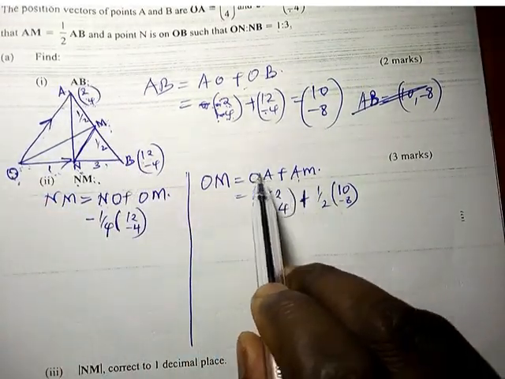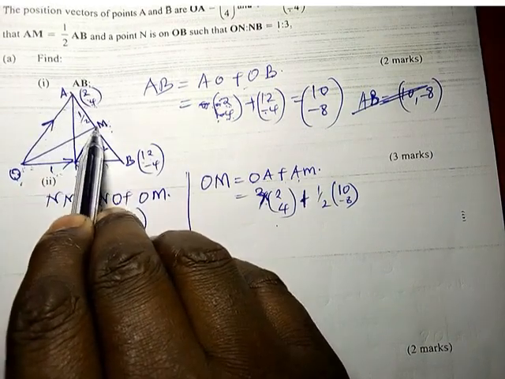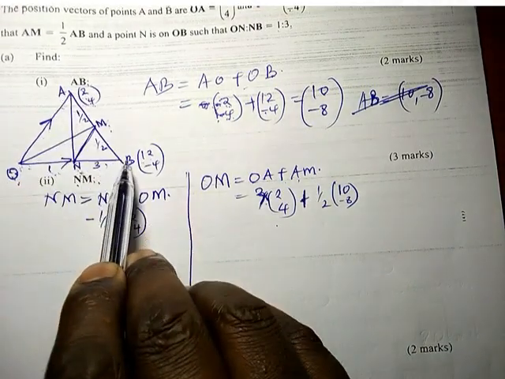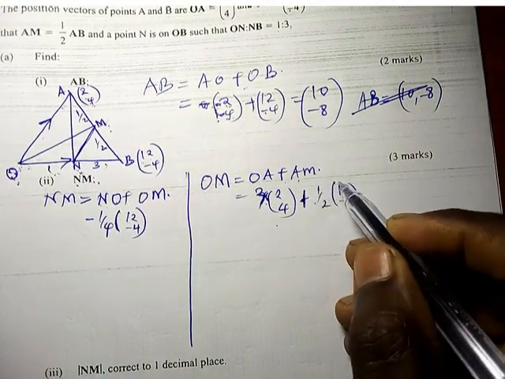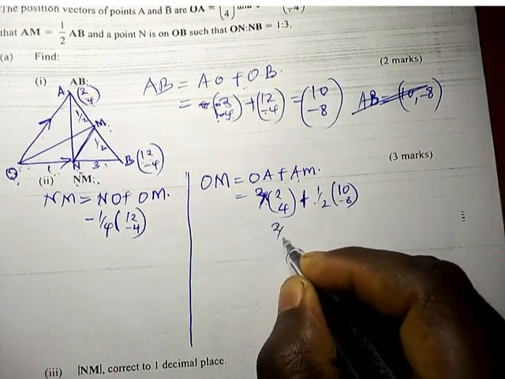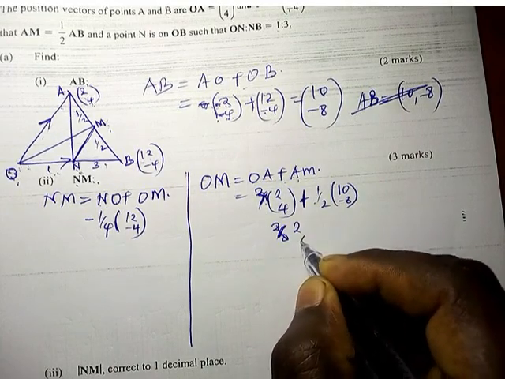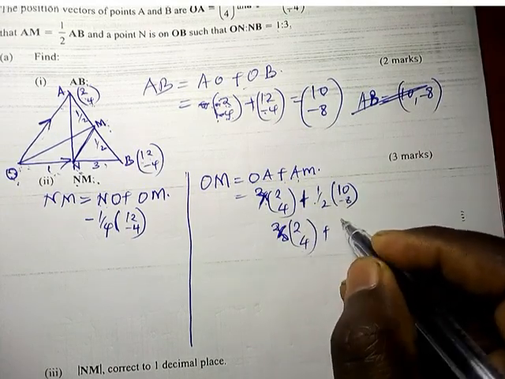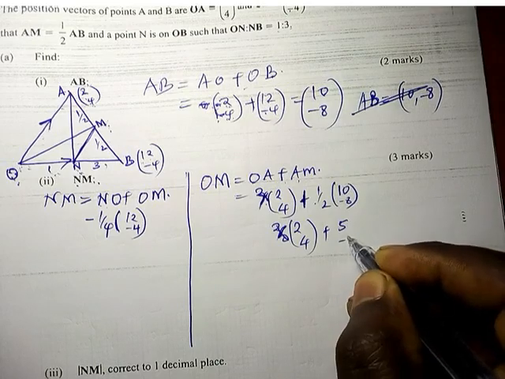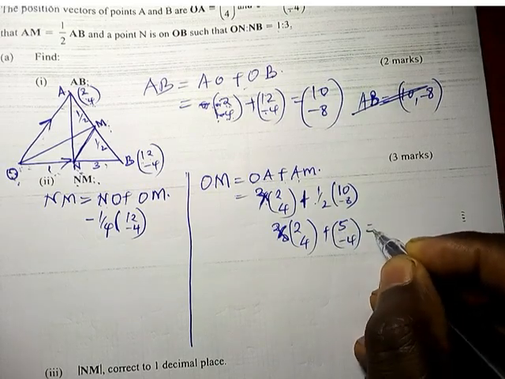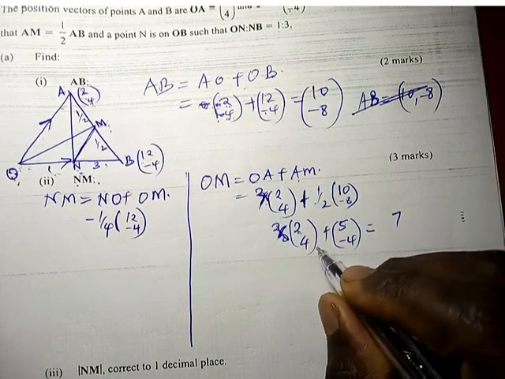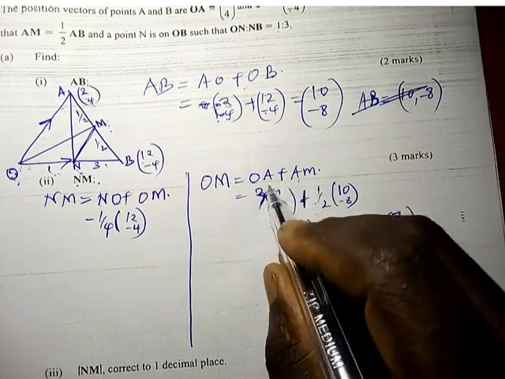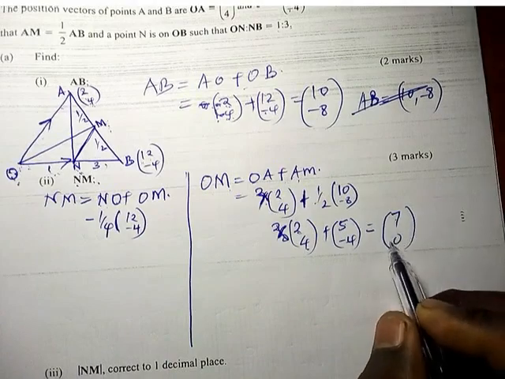We had AB, so AM is a half AB. So 2, 4 plus 5, negative 4, and that one gives us 7, 0. So OM is 7, 0.